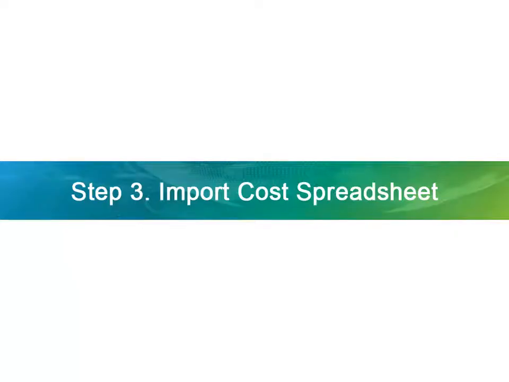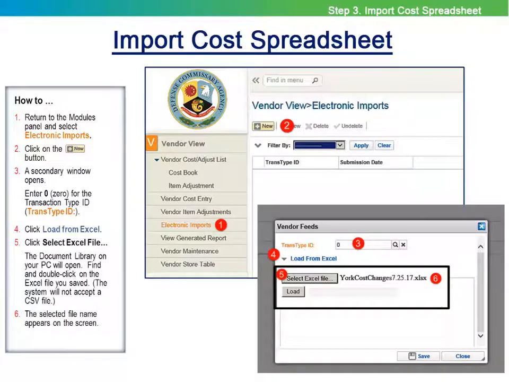Step 3. Import the cost spreadsheet. To import and submit the completed cost spreadsheet, first, return to the Modules panel and select Electronic Imports. 2. Click on the New button. A secondary window opens. 3. Enter 0 for the transaction type ID. 4.